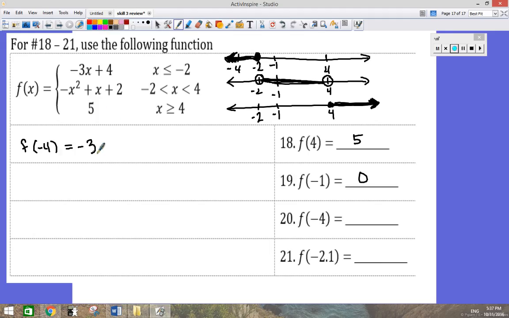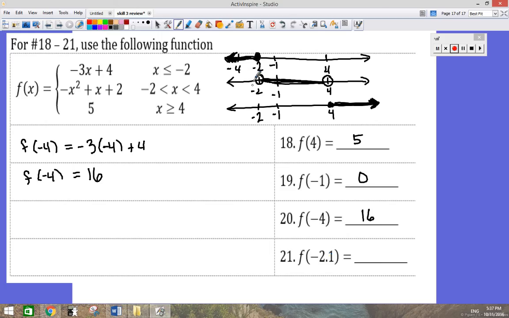I just have negative 3 times x, but the input x is negative 4. So a negative times a negative is positive. That's 12, and 12 plus 4 is 16. So I know that this output is 16.